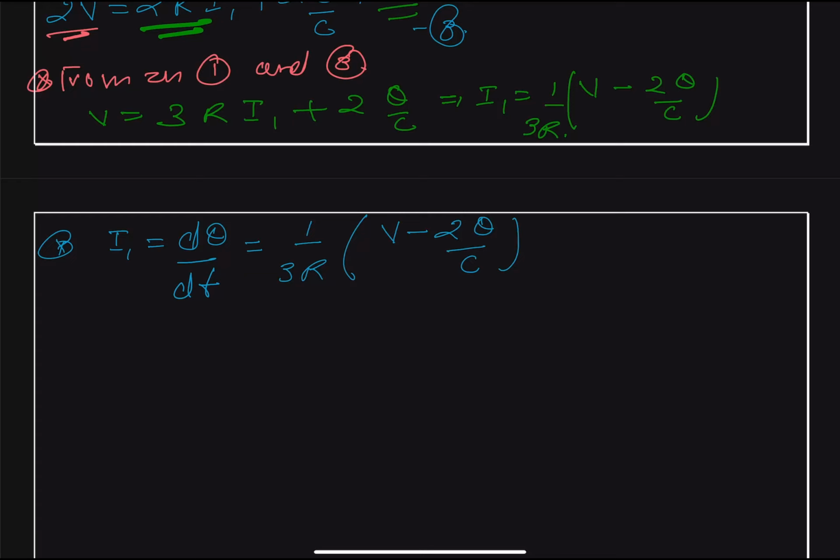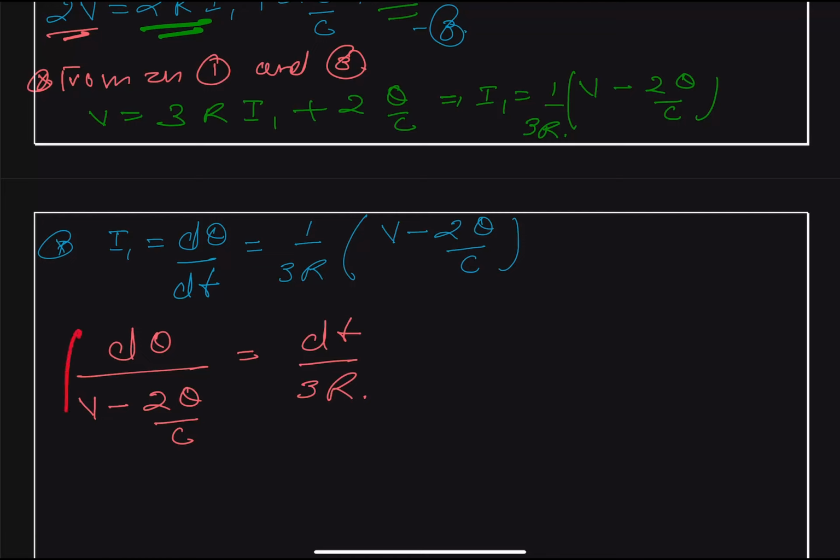So we get dq upon V minus 2q upon C is equal to dt divided by 3R.